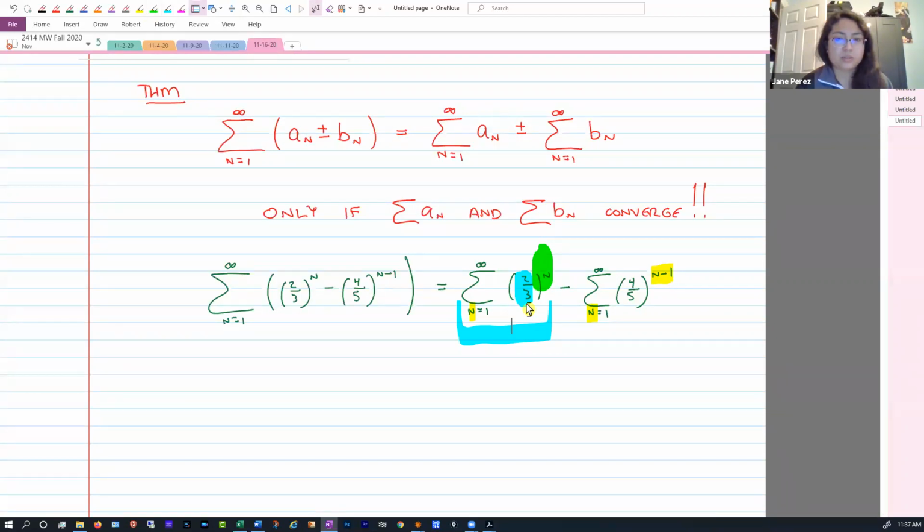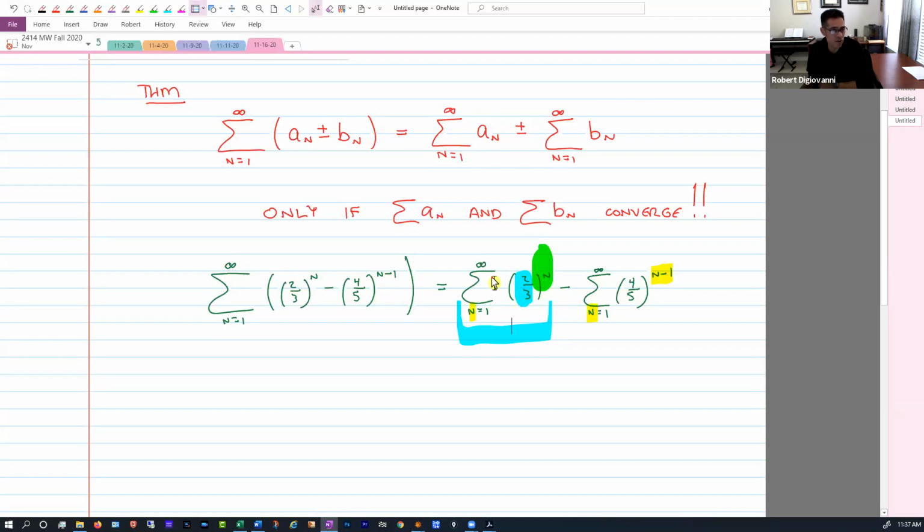I would say yes. Yeah. So this is smaller than 1. So this is a geometric series that should converge, right? And this one is also a geometric series that should converge. So if both of these converge, then me splitting it up was okay. All right, that's okay to do.